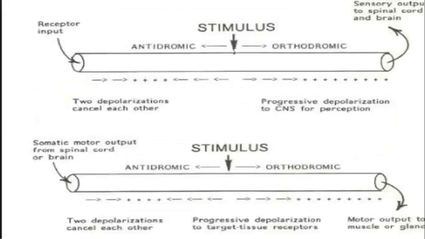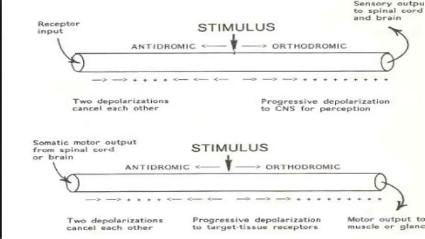So you can see in this picture, stimulus. One is the orthodromic conduction, another is the antidromic conduction. Here, in the antidromic, the two depolarizations cancel one another, but in the orthodromic conduction, progressive depolarization occurs to the CNS for perception.